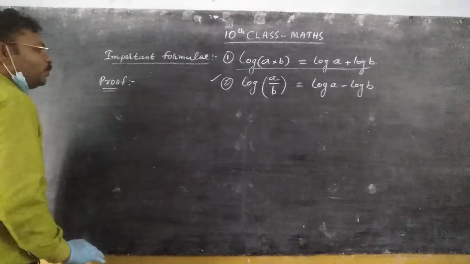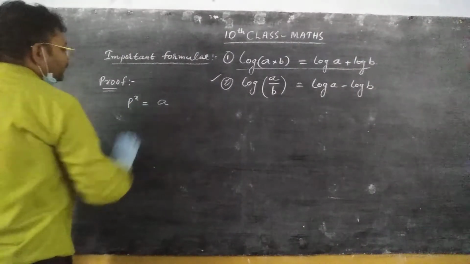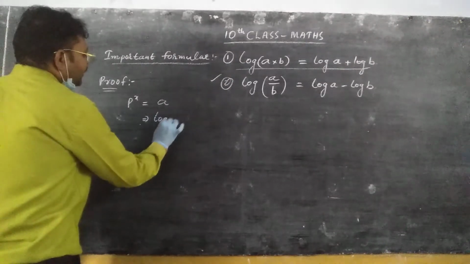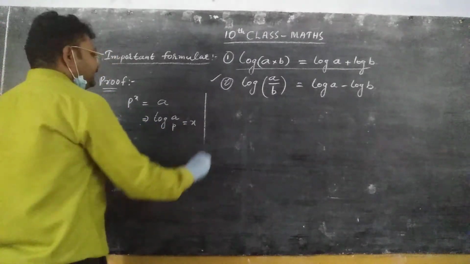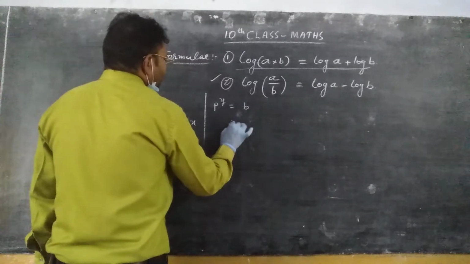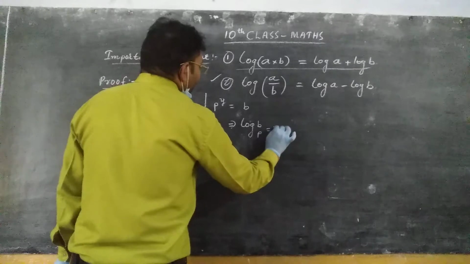For that also you take p power x is equal to a. When p power x is equal to a, the logarithmic form is log a base p is equal to x. And the second thing is p power y is equal to b, with logarithmic form log b base p is equal to y.